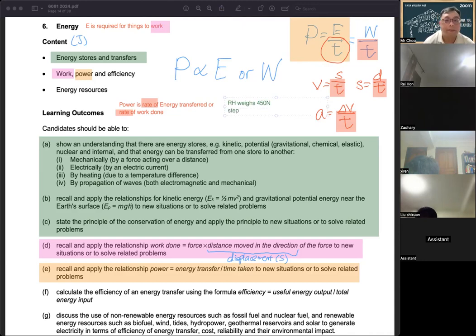The step is 0.20 meter high each, and he takes 5 seconds to run up 10 steps. Okay, what is the power? I want to calculate what is the power exerted by Ray Hong. Can you all try that now?